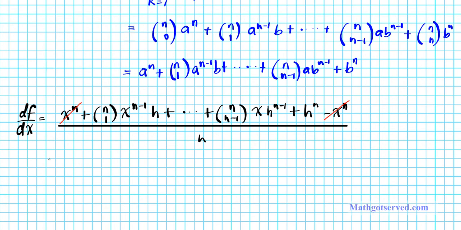So if we do that, we are going to have, oh, let's not forget our limit. Limit as h goes to 0. Okay, so we have the limit as h goes to 0. Factor out the h, we have h times, let's make that a bracket, h times n choose 1, x^(n-1).